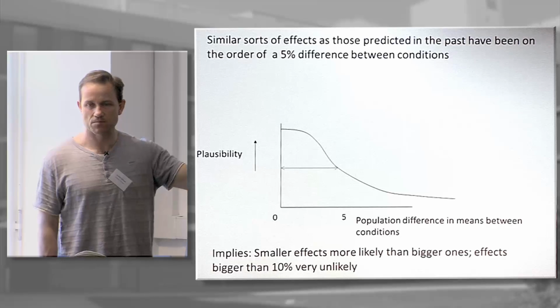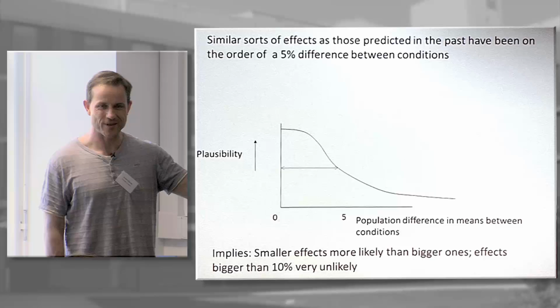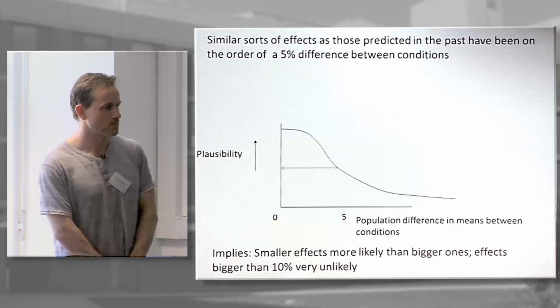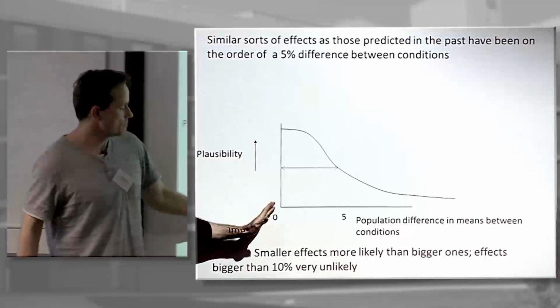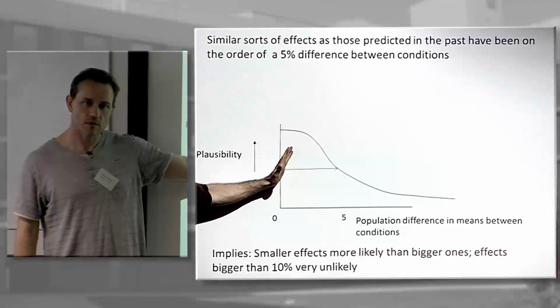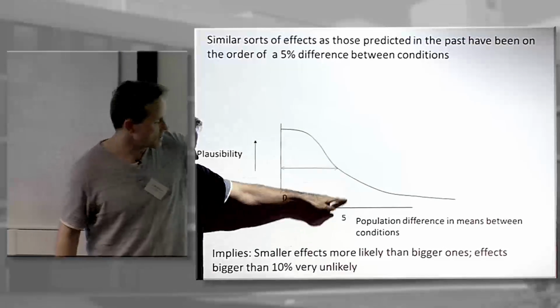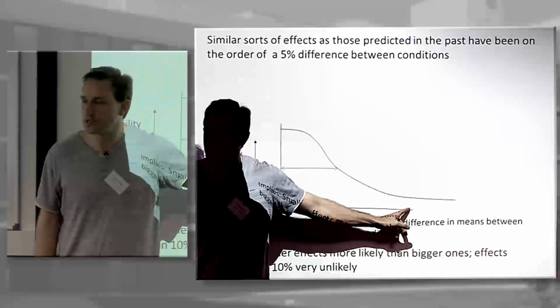Now, there are several things that are going to strike you as strange about that. Don't worry if you think this is all strange. I'll just explain why. So now what this distribution is saying is smaller values are more likely than bigger values. Okay. And again, if I set the standard deviation to 5, it's giving me a range of 0 to roughly 10%. Okay.